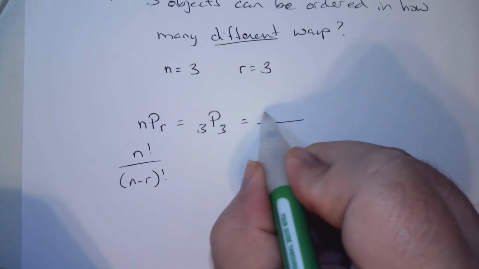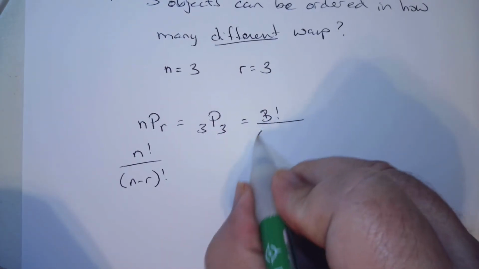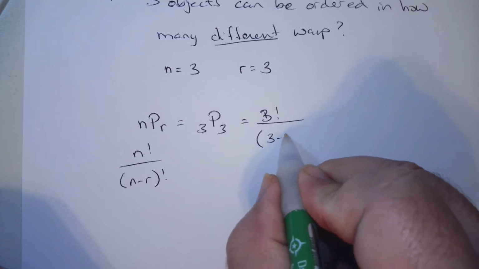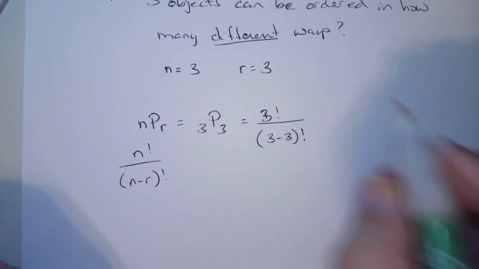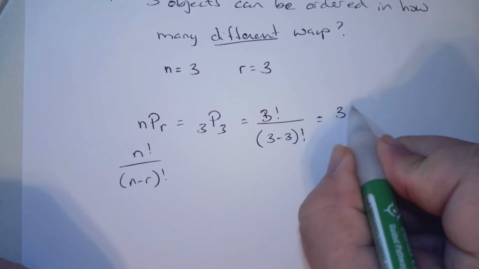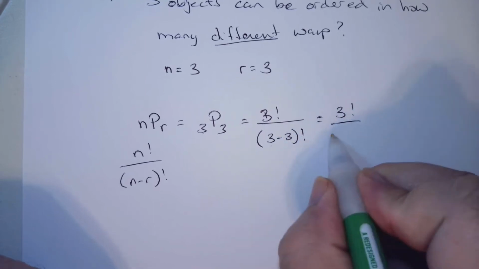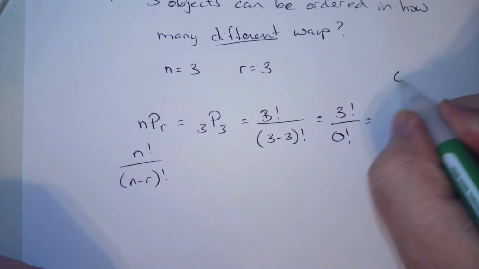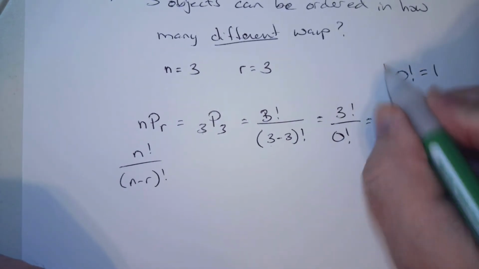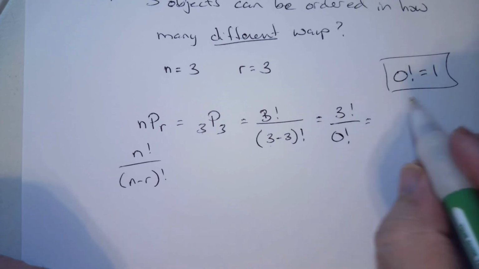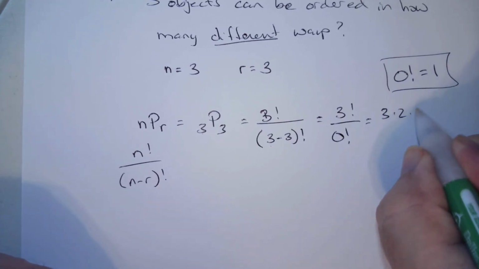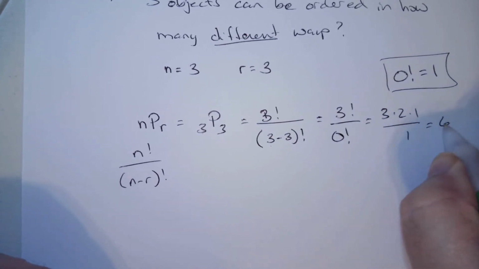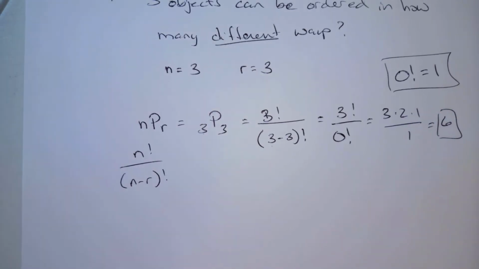So n is 3, 3 factorial over 3 minus 3 factorial. 3 minus 3 is 0, and 0 factorial is 1. So it's 3 times 2 times 1 over 1. You can put them in 6 different ways.